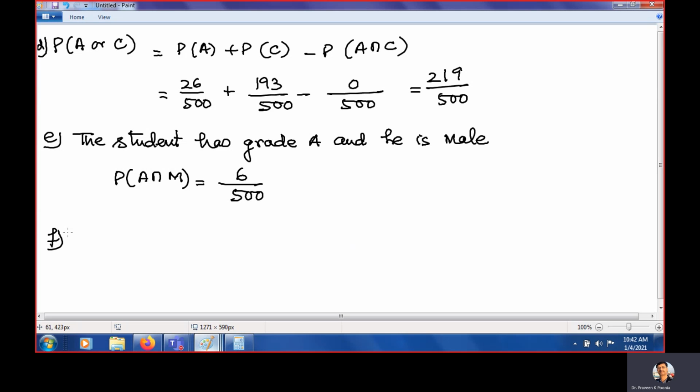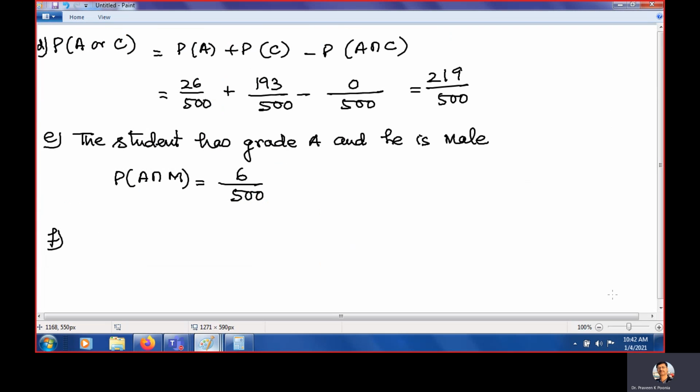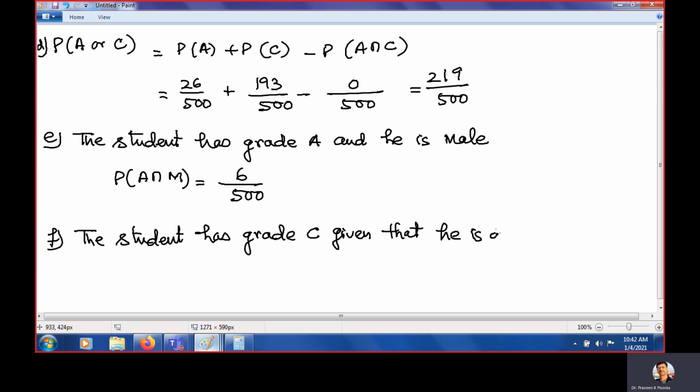Now question number F. The student has grade C given that he is male. Now denominator will change because here the condition is given that he is male.